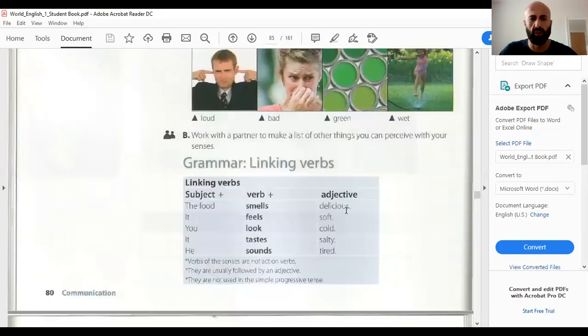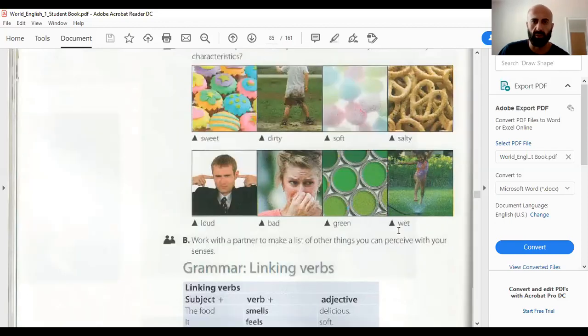Okay, so linking verbs. There are some verbs that you use in simple present tense or simple past tense most of the time, and they are defining something, like an adjective, defining a situation or something with an adjective, and you don't use them in continuous tense.